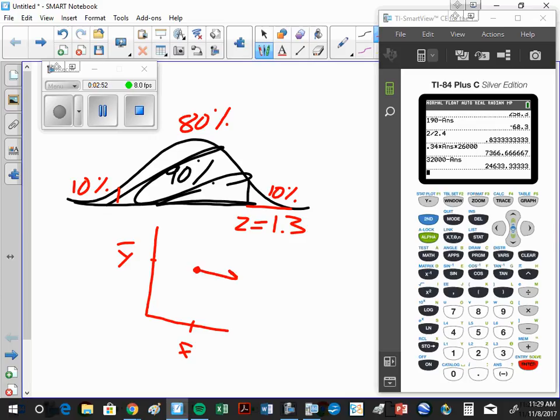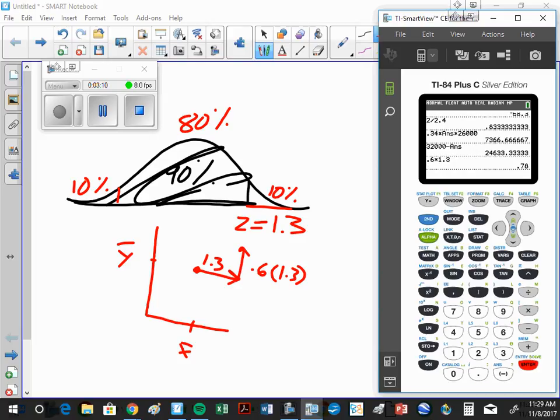But if I go right 1.3 SDXs, I'm going to go up 0.6 of 1.3 SDYs, which is 0.78. So instead of going up 1.3, we're going to cut it off at 0.78. So my z-score for y is 0.78.